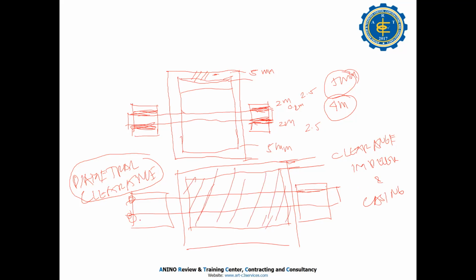That's very important, take note of that in the future: the diametral clearance of your bearing housing and the clearance of your impeller to the casing. For all sleeve bearings, you must know that, because you must prevent the impeller from hitting the casing.